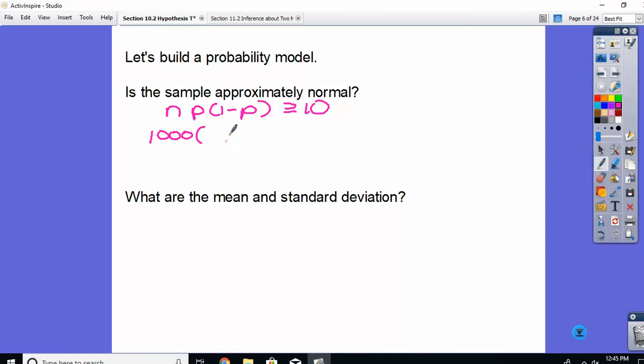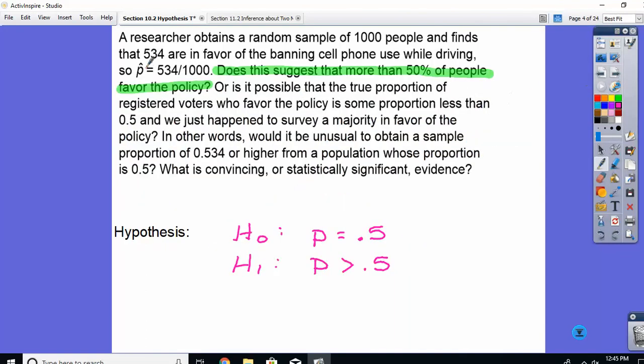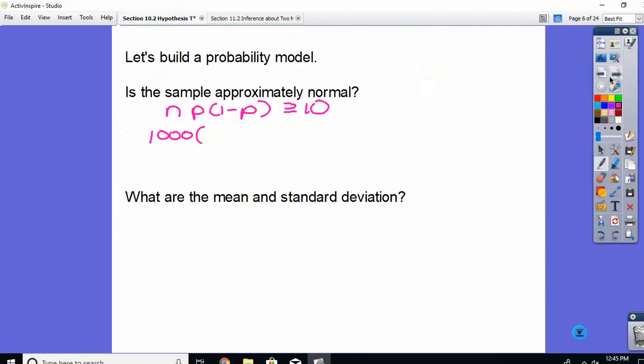You have to be a little bit careful. There is a p hat in this problem, and then the p is the 0.5. So we are going to be using the 0.5 here. That gives 250, which is more than 10. So yes, it's approximately normal.